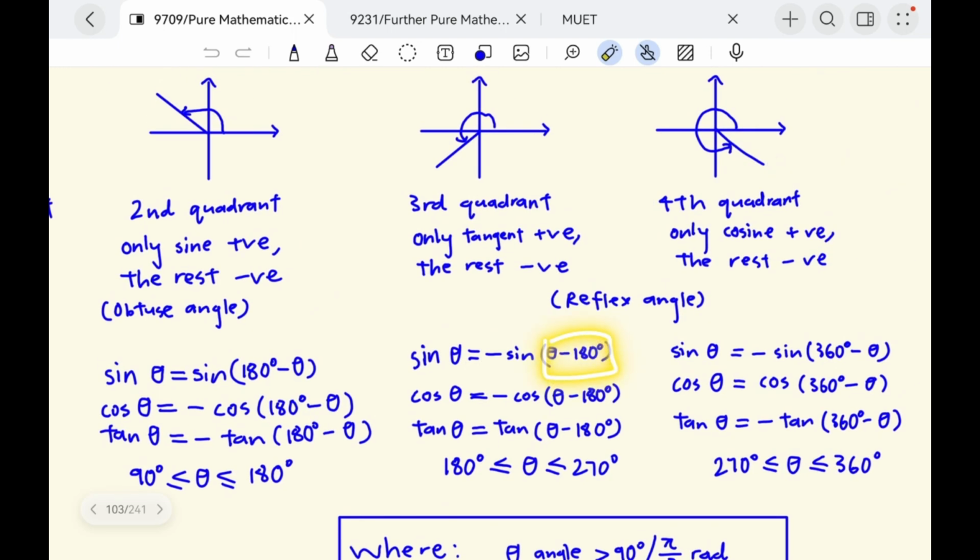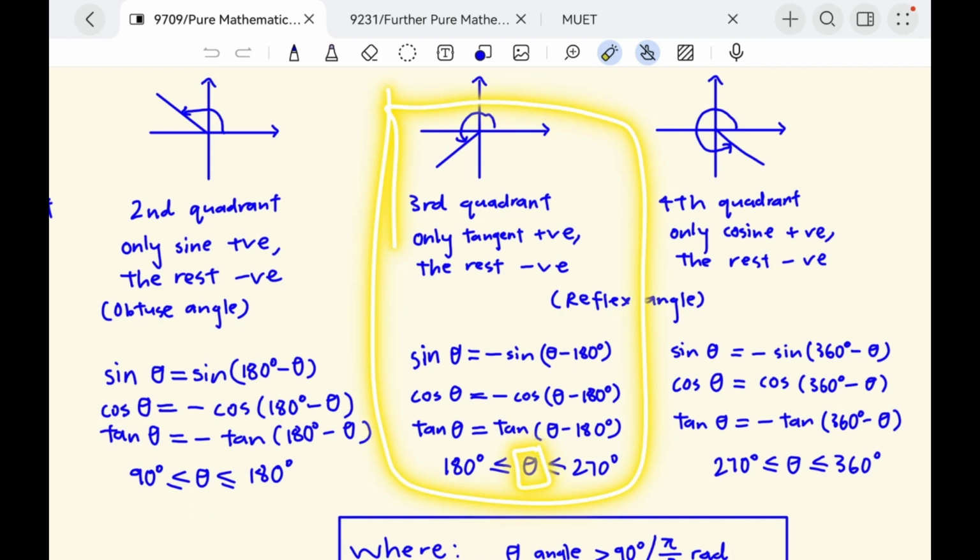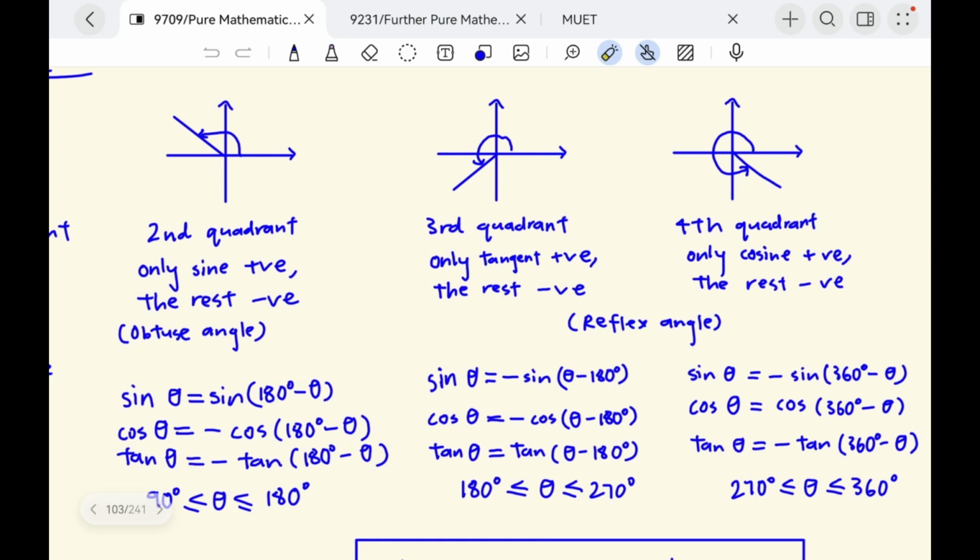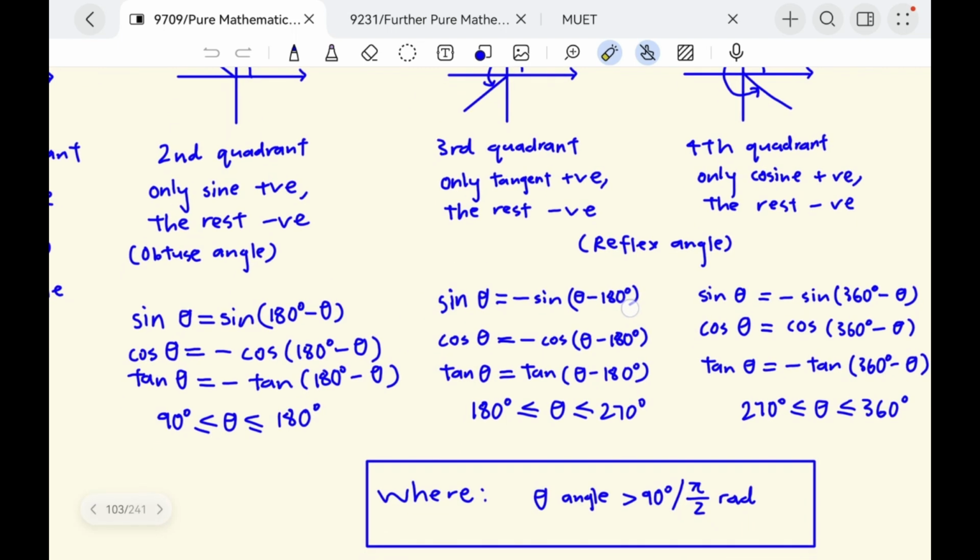Right? Since the theta at the third column that I highlighted is a reflex angle. Why is it called a reflex angle? Because the angle exceeds 180 degrees. Alright? The cosine is also negative because its x direction is opposite as well.